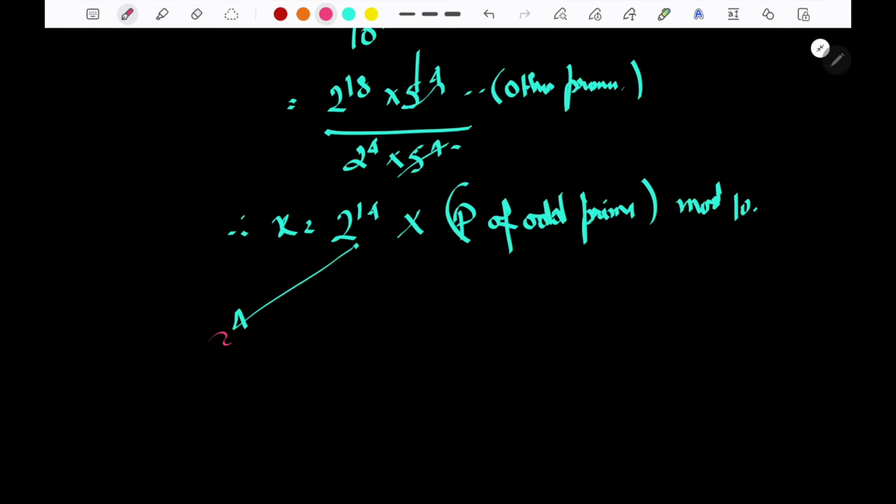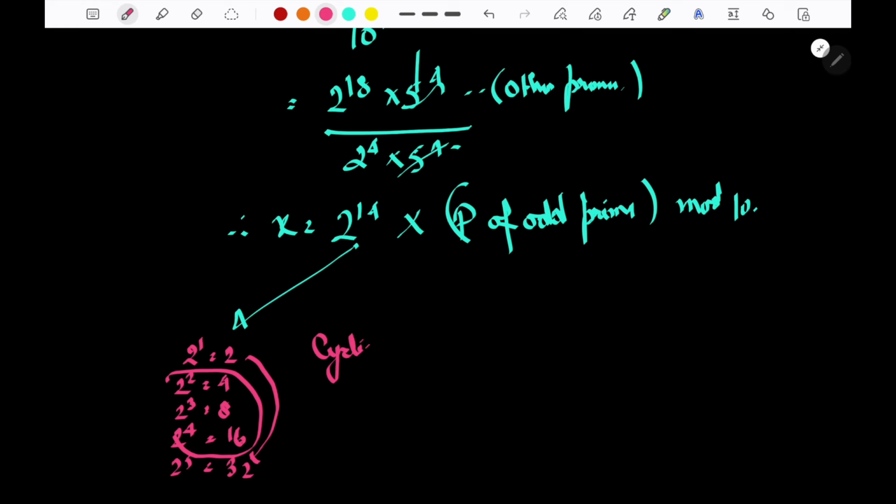What is the cyclicity of 2? What do we mean by cyclicity? See here, 2 to the power 1 is 2, 2 to the power 2 is 4, 2 to the power 3 is 8, 2 to the power 4 is 16 and 2 to the power 5 is 32. Can't you see that the last digit 2 gets repeated after 4 powers? So the cyclicity of 2 is 4.